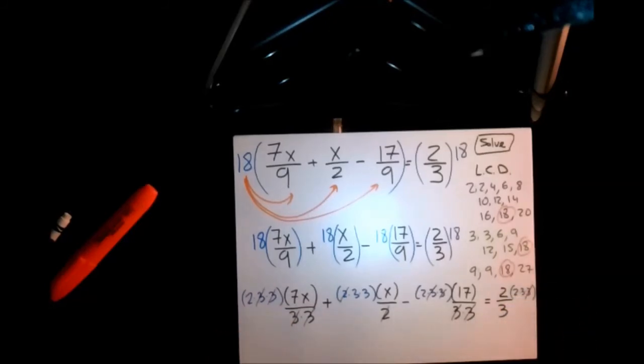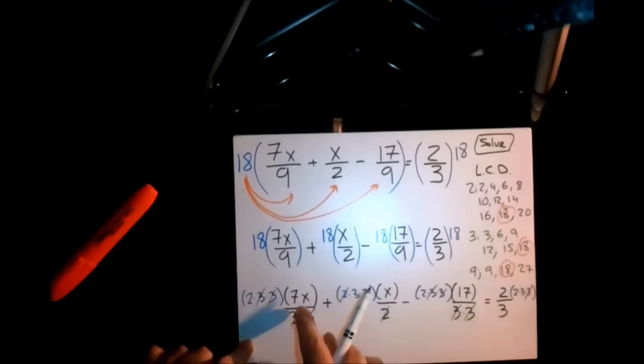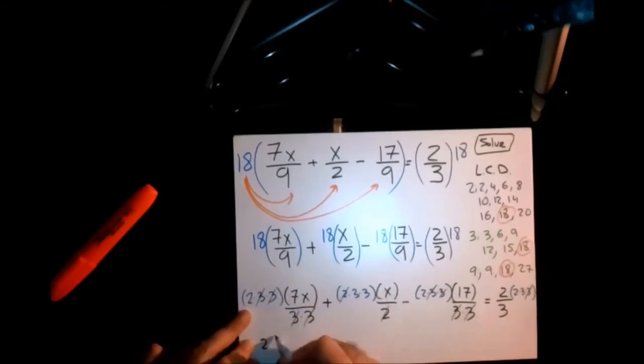After I did all my cancellation, let's see what I'm left with. 2 times 7x plus 3 times 3, which is 9, times x.